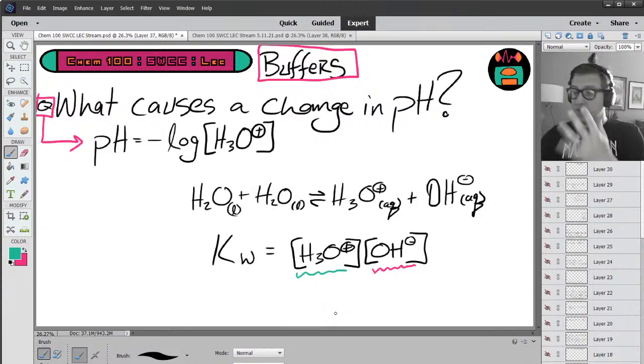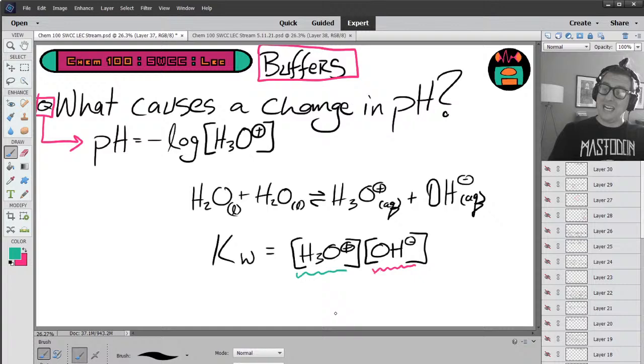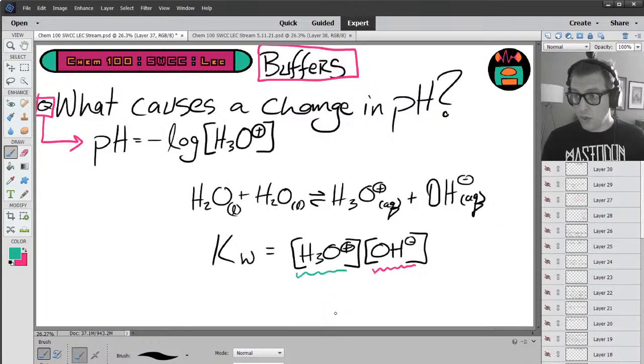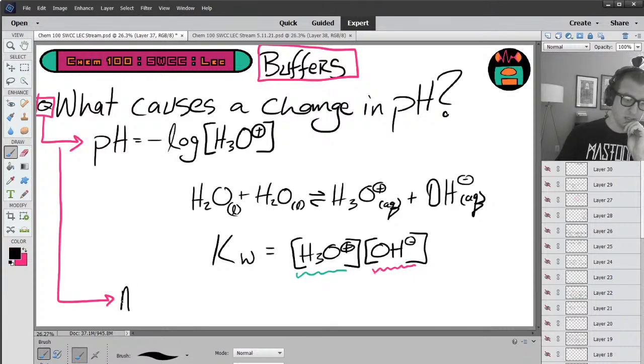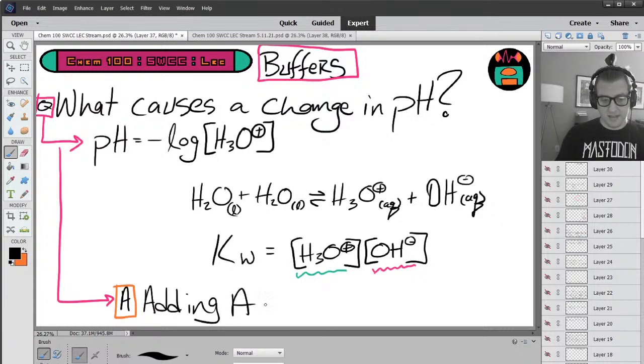Adding base, which increases hydroxide, changes pH. Adding acid, which changes hydronium, will alter your pH. All right? So the answer to what causes a change in pH is this. The answer is adding acid or adding base.